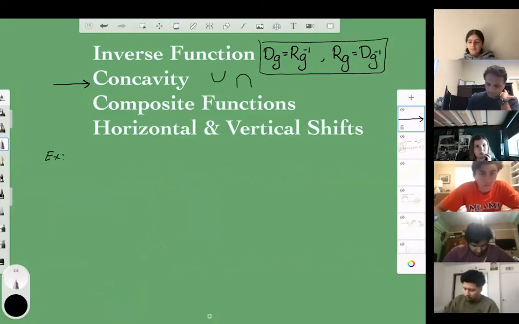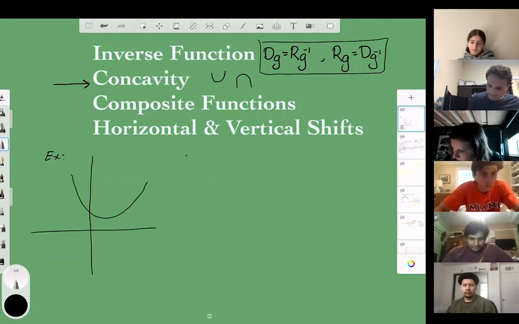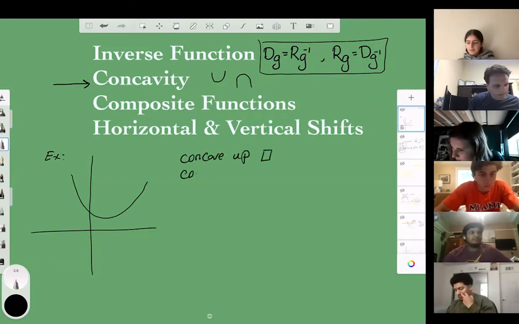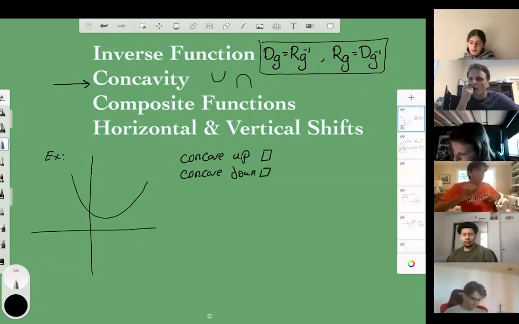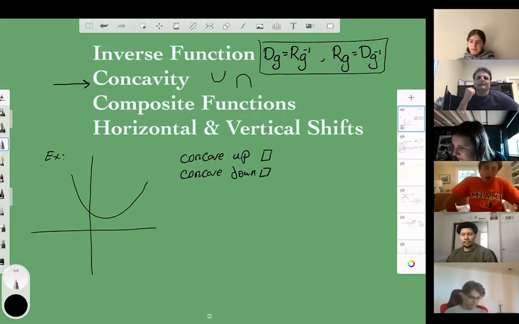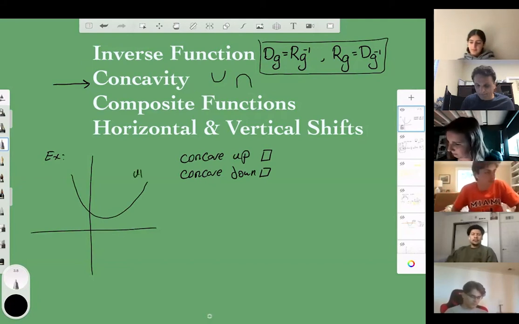Example, is this concave up or concave down? Which one do you pick? Concave up. Very good question. Concave up, correct. This goes up, concave up.